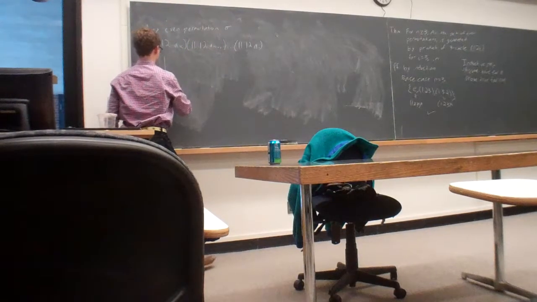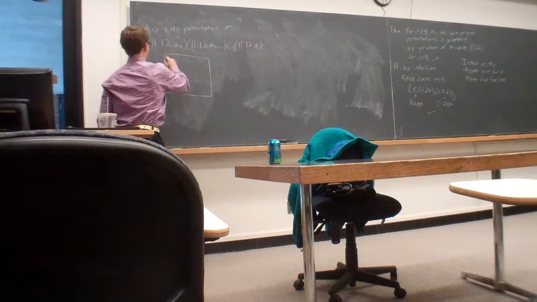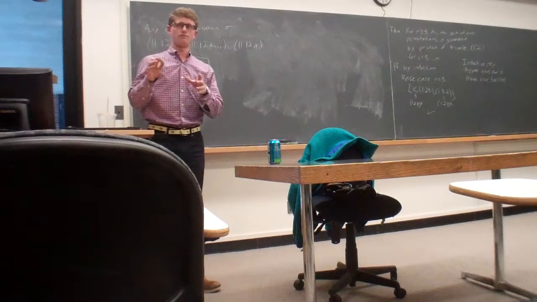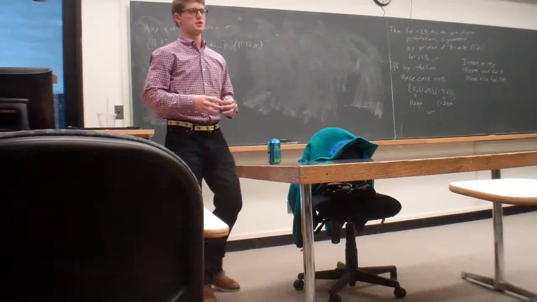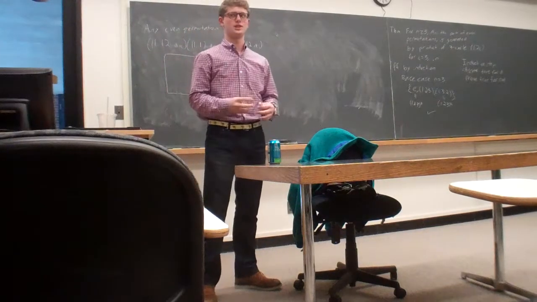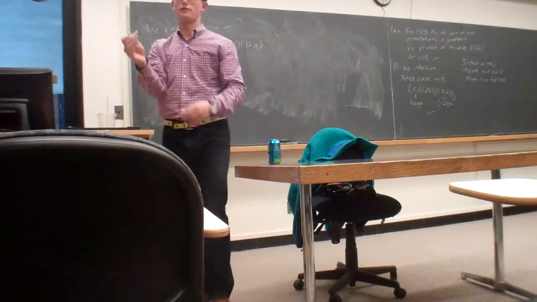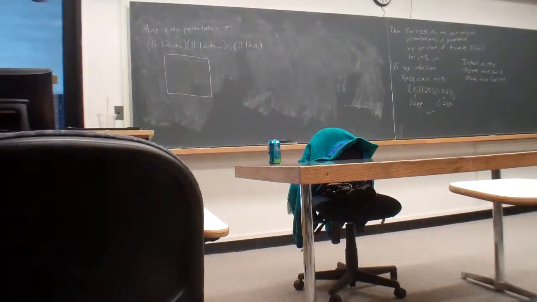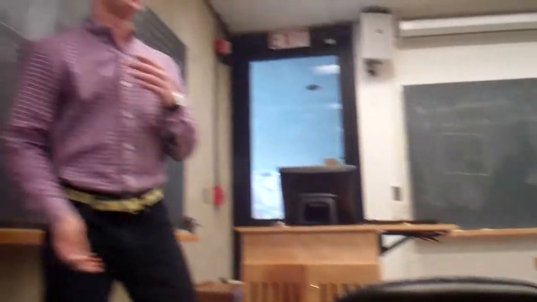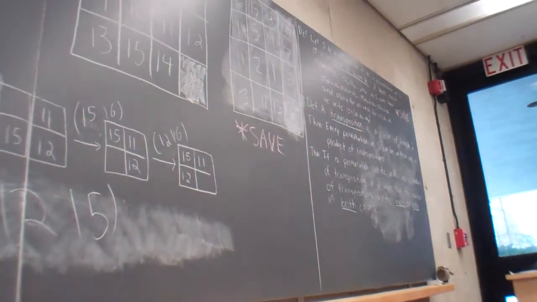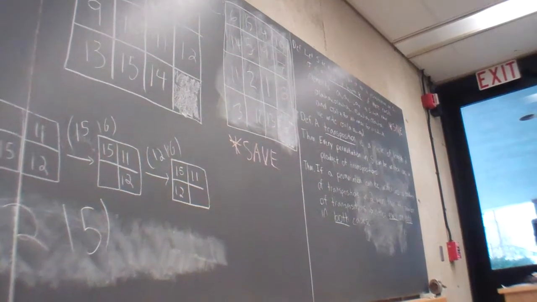So the reason why I chose 11 and 12 is because we're going to essentially hide them in the corner and create these two tracks so that we can move any piece into the 15 slot. And then we apply the (11 12 15) 3 cycle, which we showed was possible here. And then we do the inverse, the opposite of what we did to move that piece into the 15 slot.